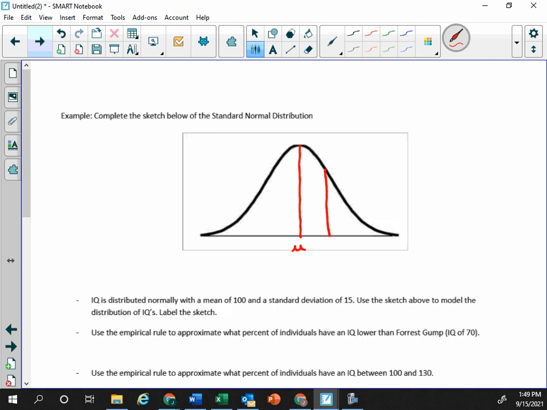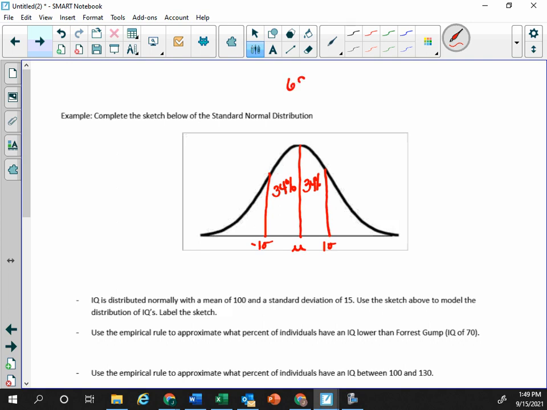If I draw one standard deviation away, above or below, that's going to contain 68% of the values. So 34% here, 34% here. So that's if I'm one standard deviation away.